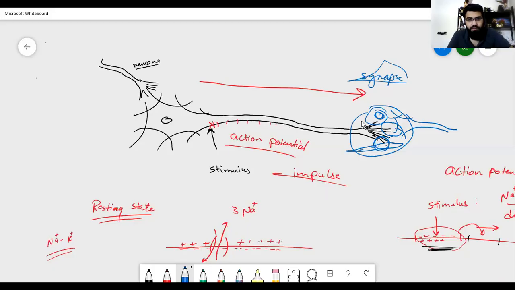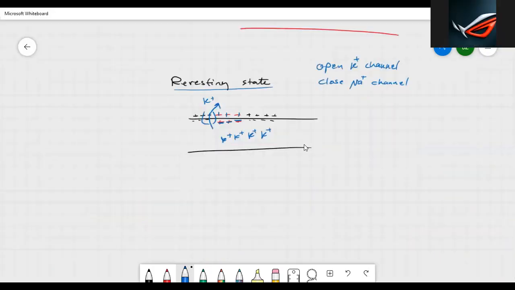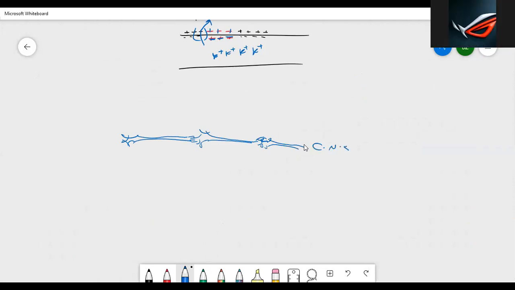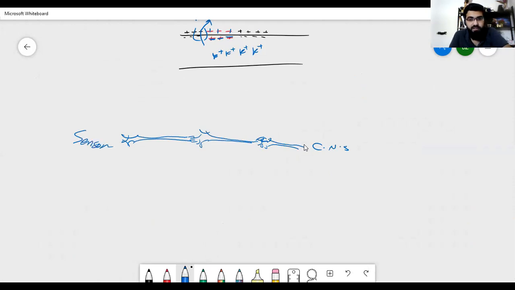Now the neuron can be connected to another neuron, and then to another neuron, until it arrives at the central nervous system. From the sensor to the central nervous system, it's usually not one neuron; it could be many neurons connected to each other. And one neuron can be connected with many neurons.